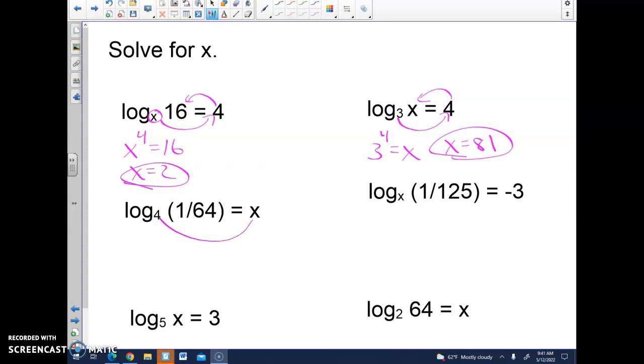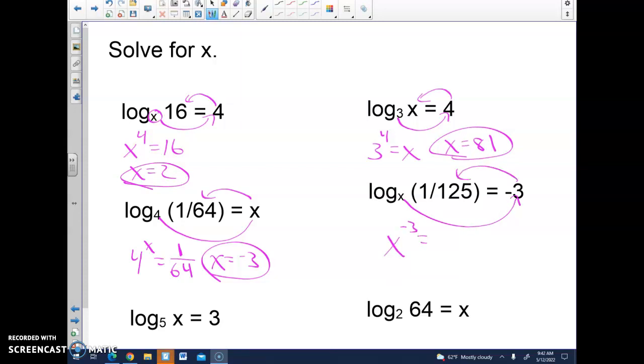Here, 4 to the x gets us to 1 over 64. 4 to the x equals 1 over 64. That's negative 3. x to the negative 3 gets us to 1 over 125. So x to the negative 3rd equals 1 over 125. My x equals 5.